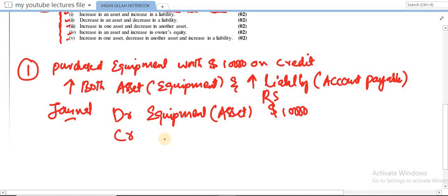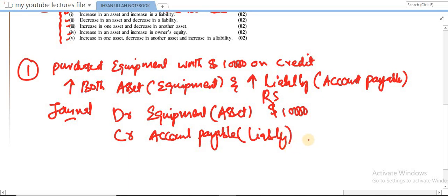The credit will be the account payable, which is a liability, with the same amount, 10,000 rupees. Okay, so the first scenario, we are done with the first one, the increase in asset and increase in liability.